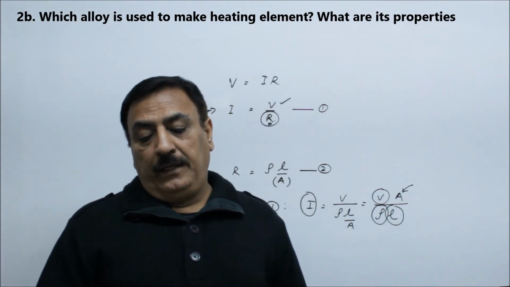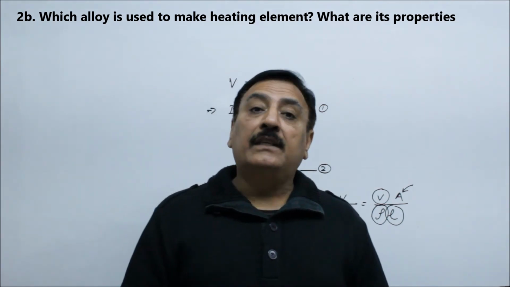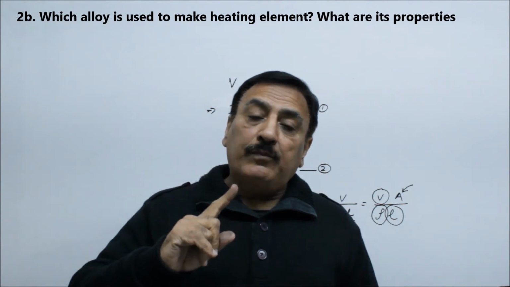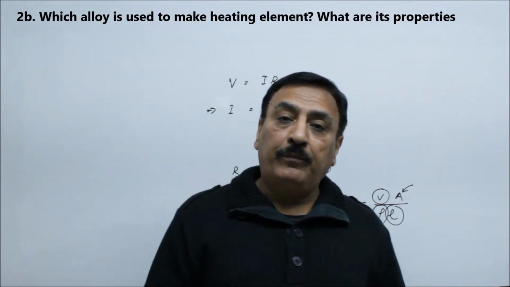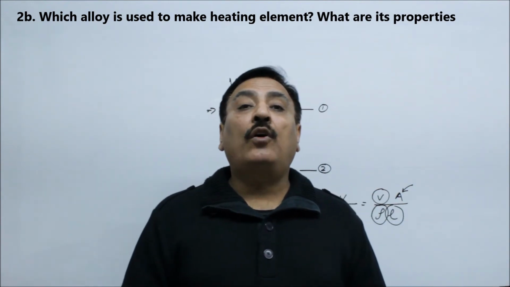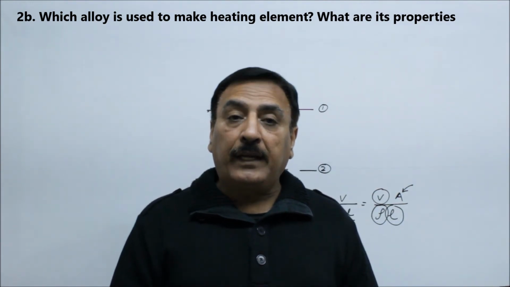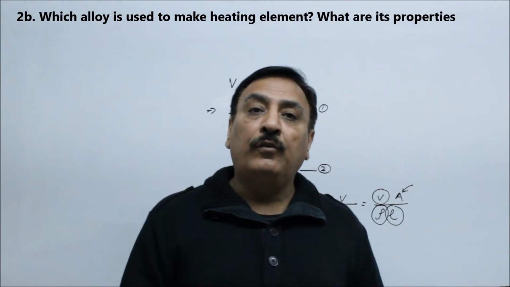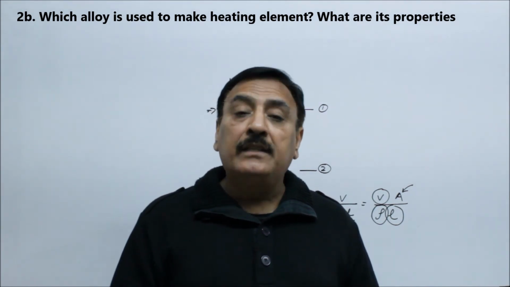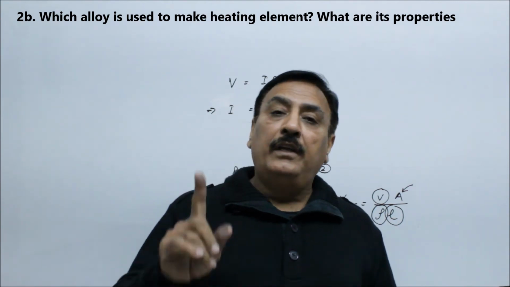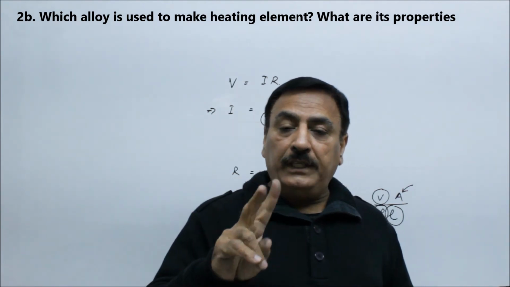Please remember that. And another property is that in spite of remaining at very high temperature, it does not get oxidized. That means it will be able to serve you for a long period. The material will not easily get spoiled. So, what are the properties?